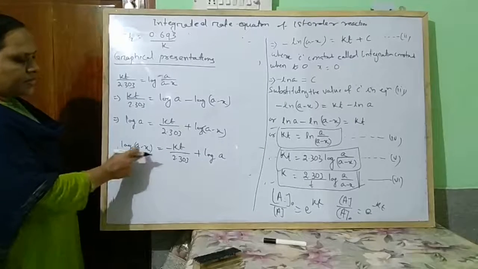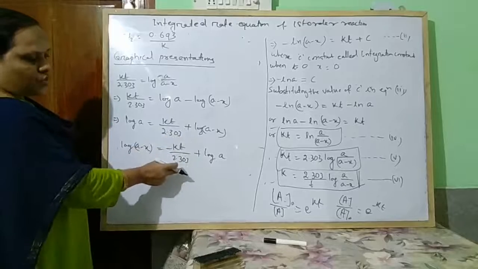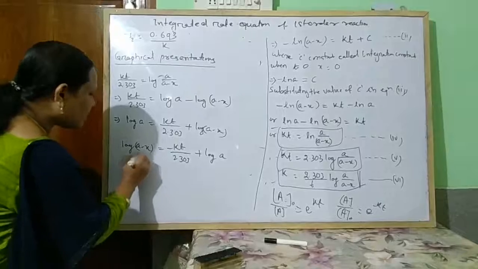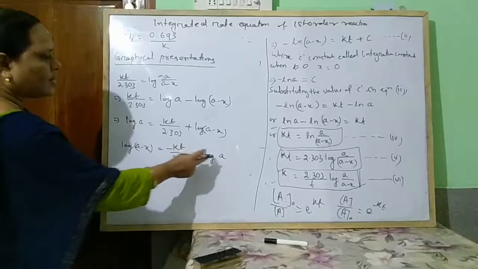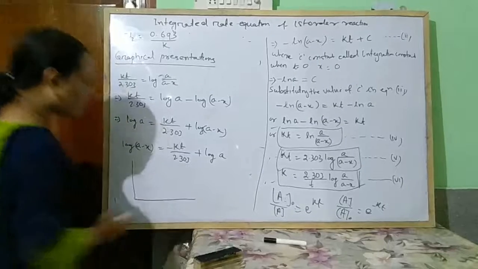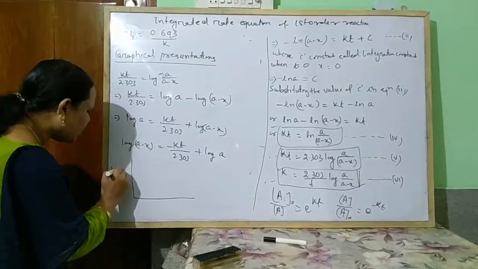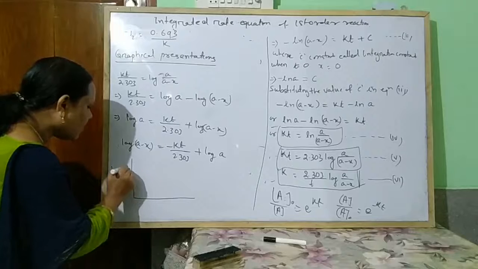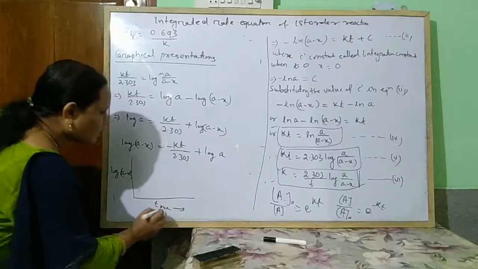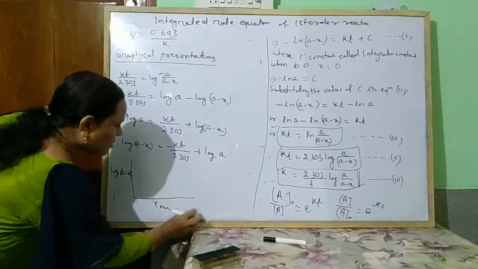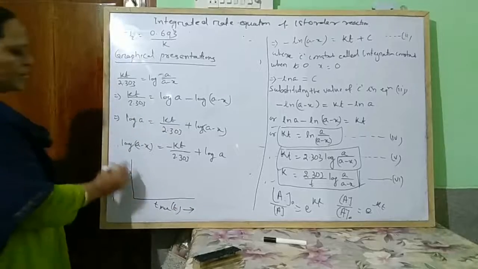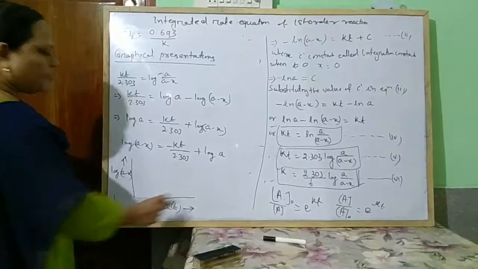So log A minus X equal to minus kt by 2.303 plus log A. Here log A minus X is a variable, time is a variable, and this is a constant term, the initial concentration. So suppose the graph is plotted log A minus X versus time t, concentration term log A minus X here and time here.